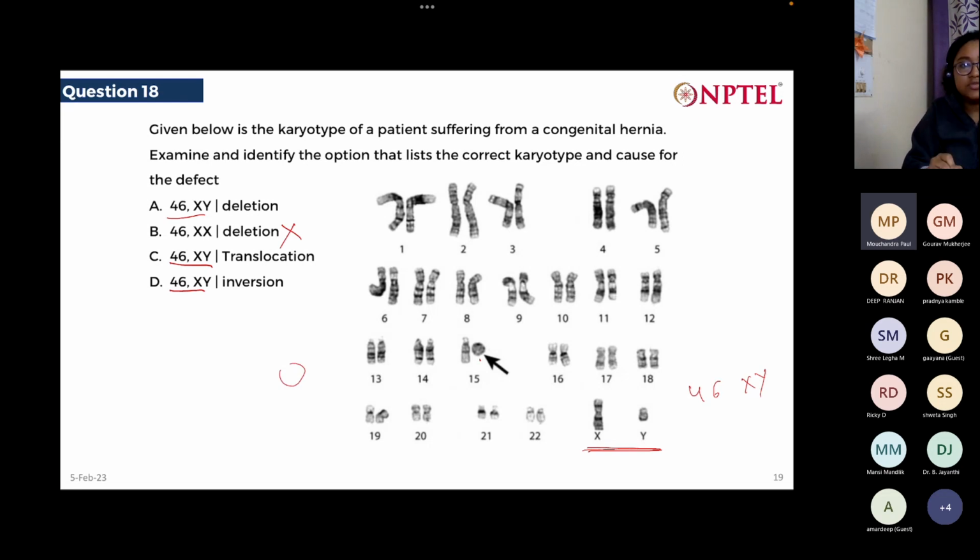If you remember, sir has explained in his lecture what kinds of chromosomal translocations can happen and how, whether there is one break in one chromosome, two breaks in one chromosome, or breaks in two separate chromosomes, and how the chromosomal structure is changed.